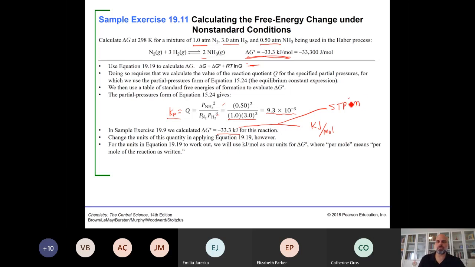So we know that therefore we have minus 33.3 kilojoules for every single mole in that reaction. So we simply plug that in now. That's the one calculation you need to make sure you understand, that you need to add that per mole in order to run this calculation. And this basically makes the assumption of 1 mole for N2, 3 moles of H2, and 2 moles of NH3.